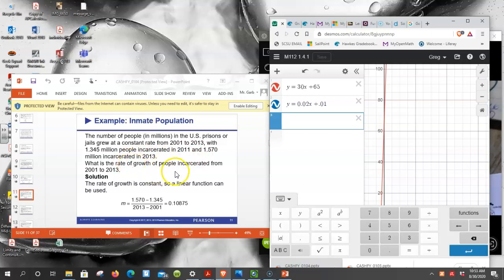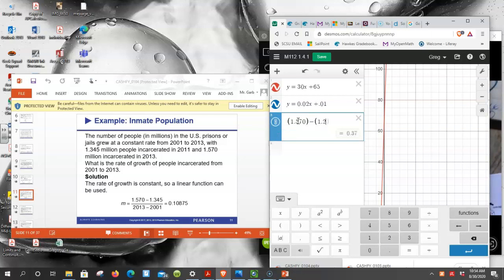So what's the rate of growth? They want the slope, okay? So what's happening here? You're going from 1.35 to 1.57. So I would do the vertical change, 1.57 minus 1.345, this is in millions by the way.